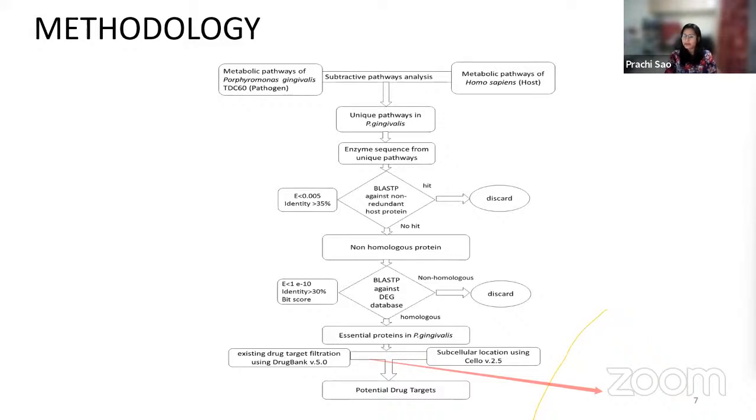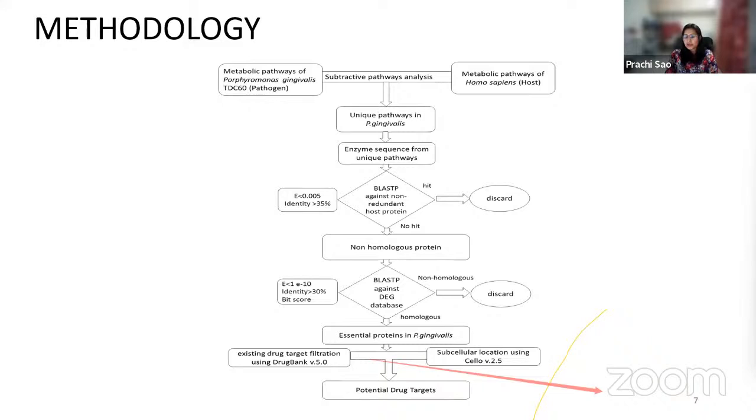It will find the similarity with already existing sequences in the DrugBank database. DrugBank will have certain proteins which are already used by different microorganisms, or which are used by different drugs, so already known information will be available. We will try to find only those sequences which do not have any similarity with the DrugBank sequences.